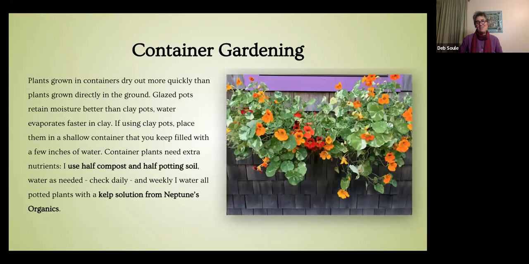And I wanted to just mention, as the last slide here, container gardening. This is a slide of nasturtiums that are growing. We have several outdoor window boxes of nasturtiums outside of Avina's Apothecary. And this is the Alaska nasturtium. That's the variety, and this is my favorite nasturtium to grow.